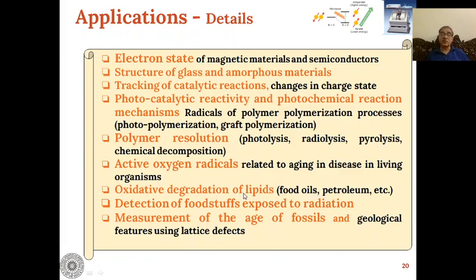In spin trapping, we can study transient intermediates in biology, which can lead to different types of research in pharmaceutical chemistry or drug research. Then it has vast applications in photochemistry also. We can study photochemical reaction mechanisms and polymerization reactions, and other polymerization techniques can be studied kinetically through ESR spectroscopy.